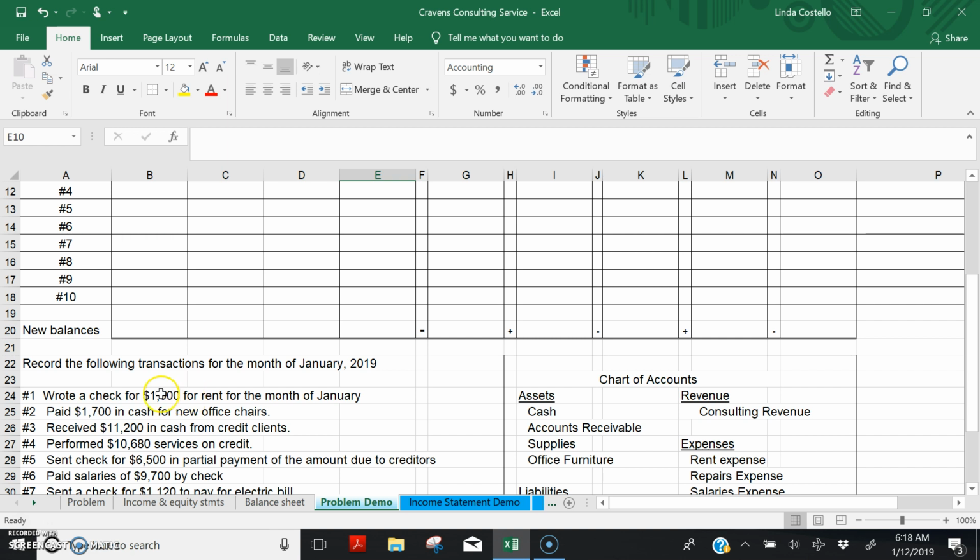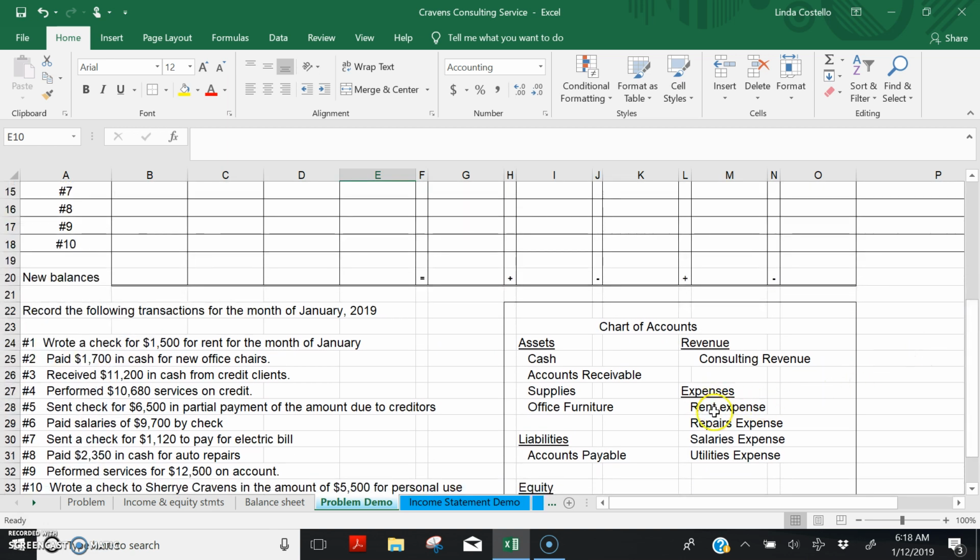Well, we spent $1,500 in cash, so the cash account is involved and the balance will decrease because we spent the money. And looking at our chart of accounts for expenses, it looks like we have rent expense for the month of January. Before this business transaction, we had no balance on the books for rent expense. Now we get to increase the balance in the books for rent expense.